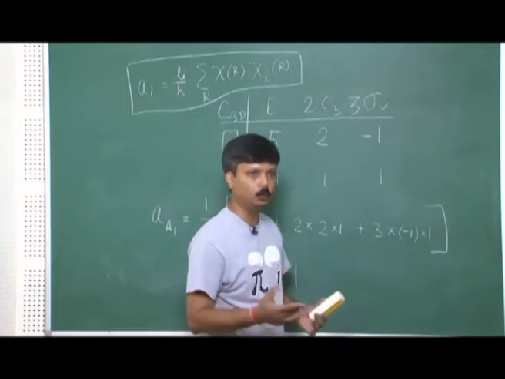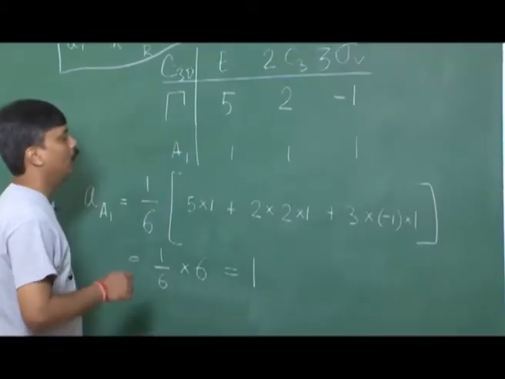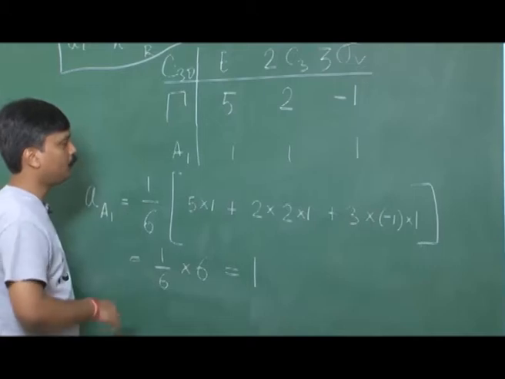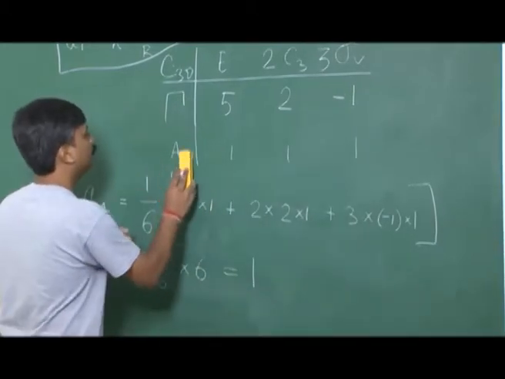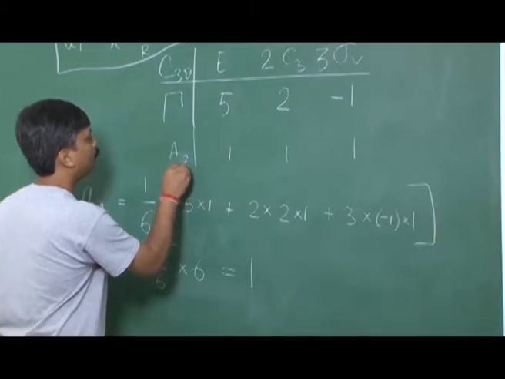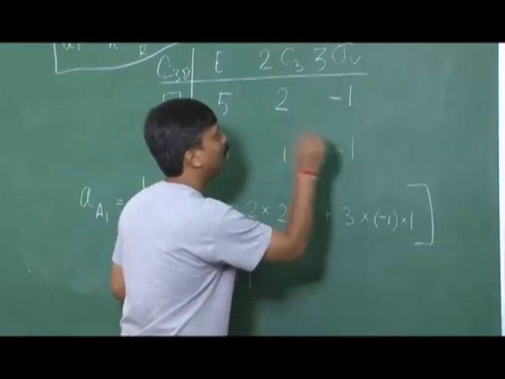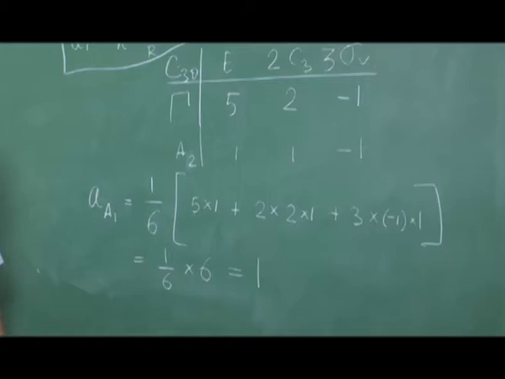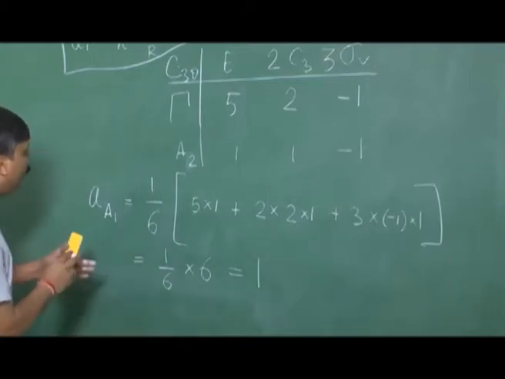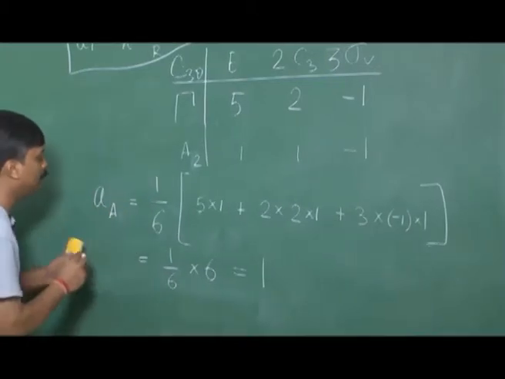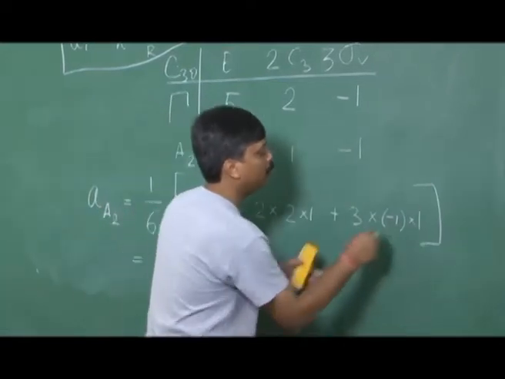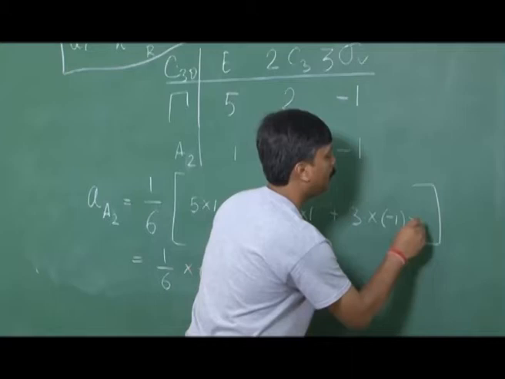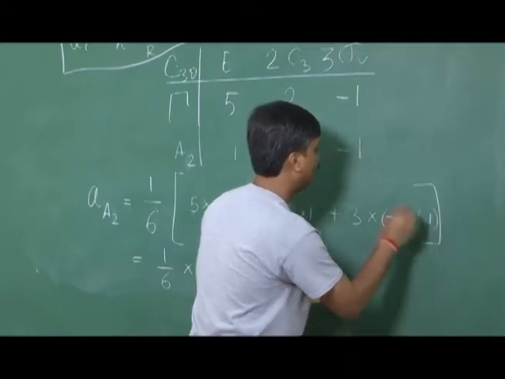A2. Okay. So what was A2? A2 was 1, 1, minus 1. Right? So now if I try to find out A2, I will utilize this same platform. So the only thing I have to do here, instead of plus 1, I will have minus 1 again, right?